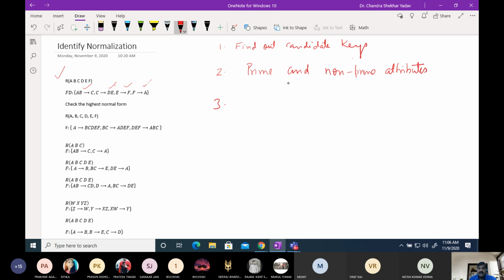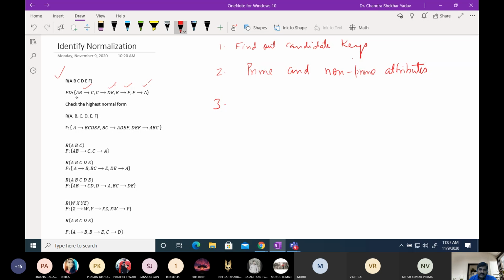And if R is in BCNF, then obviously R is in third normal form. And if R is in third normal form, then automatically it is in second normal form and in first normal form. So here we use a bottom up approach.